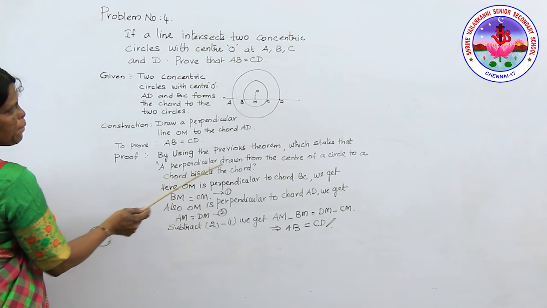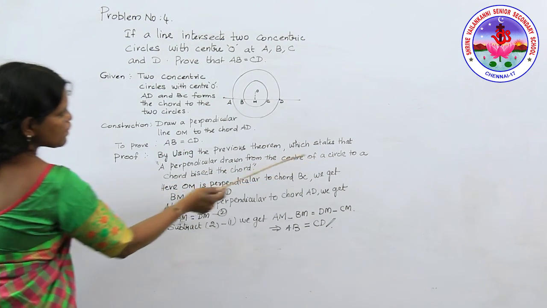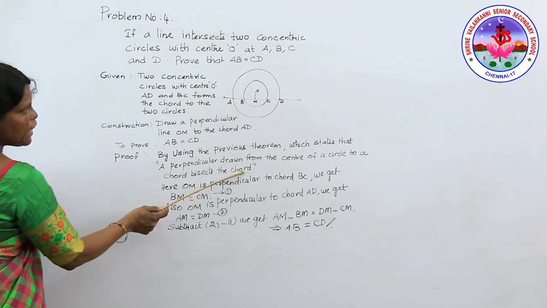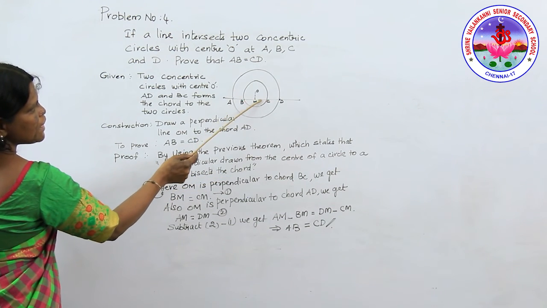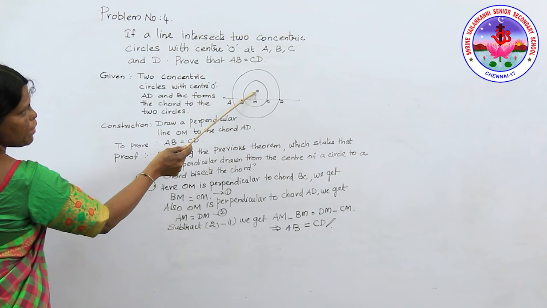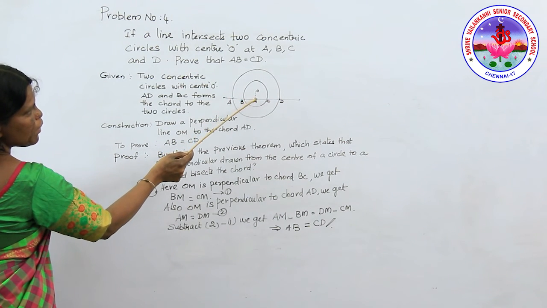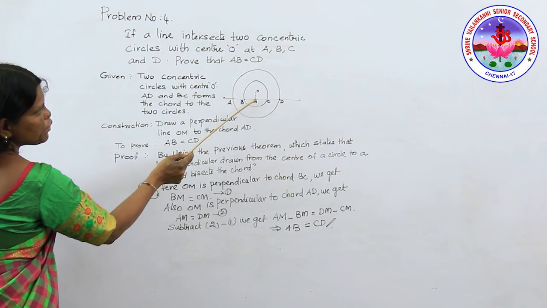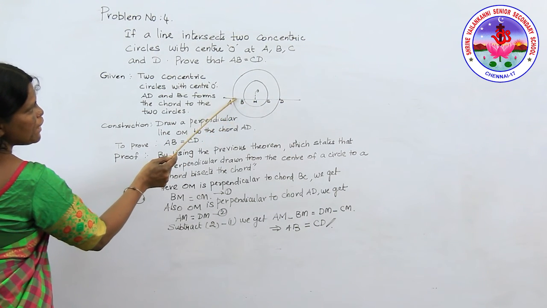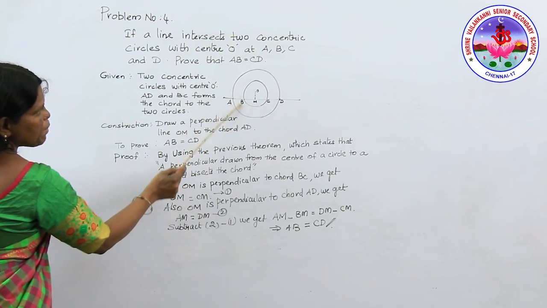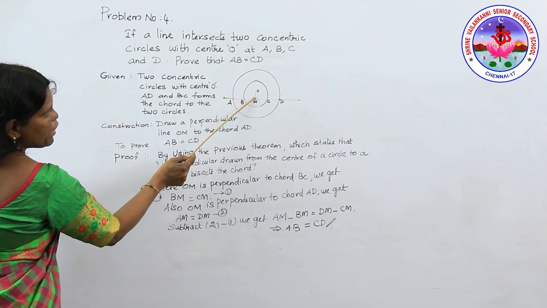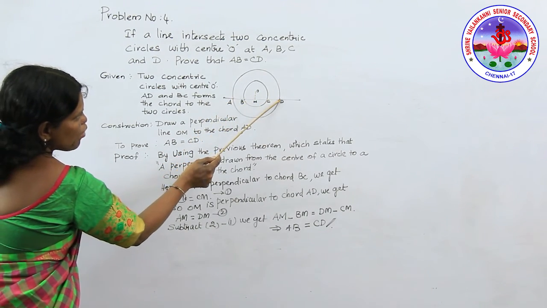So using this, a perpendicular drawn from the center of a circle to a chord bisects the chord. We see in the figure BC is a chord where OM is a perpendicular line as we constructed. So this perpendicular line bisects this chord into two equal halves. Similarly, AD is a chord for the bigger circle, and OM is a perpendicular line to the chord AD also.